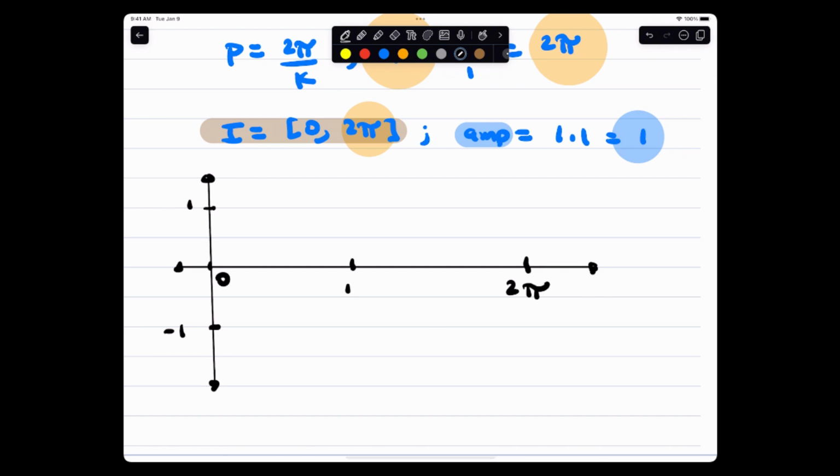In the middle here we have what? Pi, and then we have pi over 2, 3 pi over 2. So, okay, this is cosine.